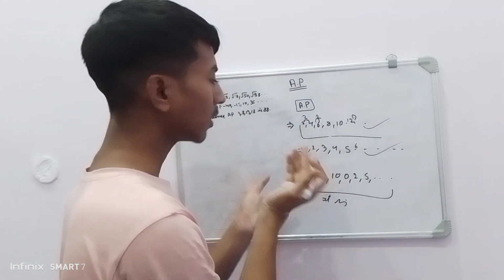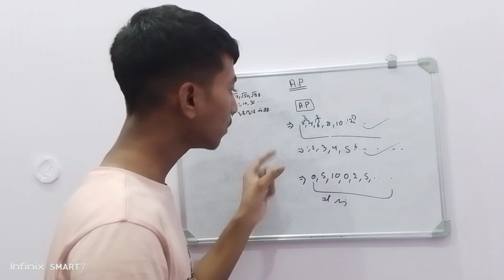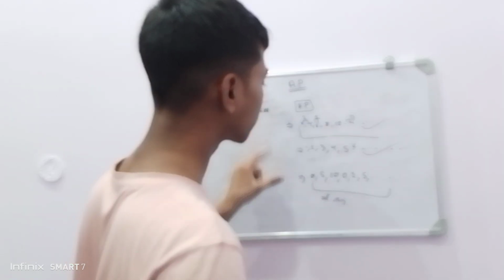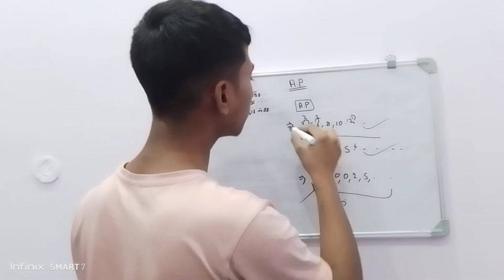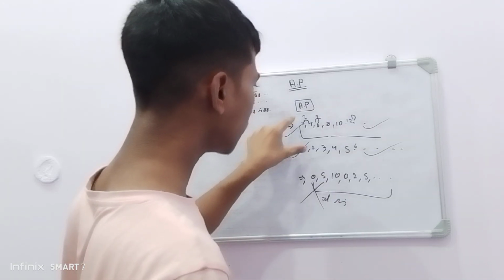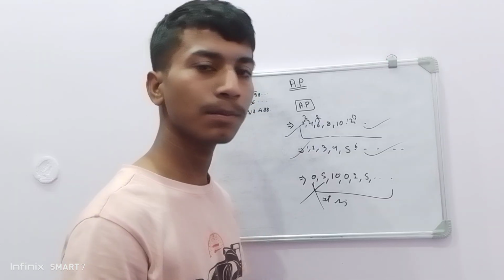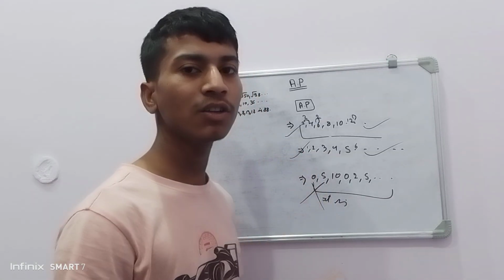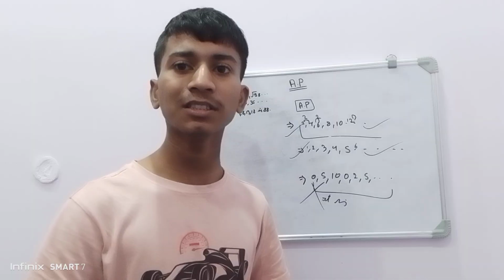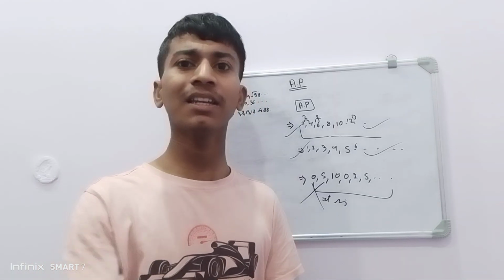First of all, for something to be an AP, you must have a sequence. A sequence could be an AP, but not necessarily. To be an AP, we have to apply another condition. The right meaning of AP is a sequence in which a particular number is added or subtracted to get the next number.